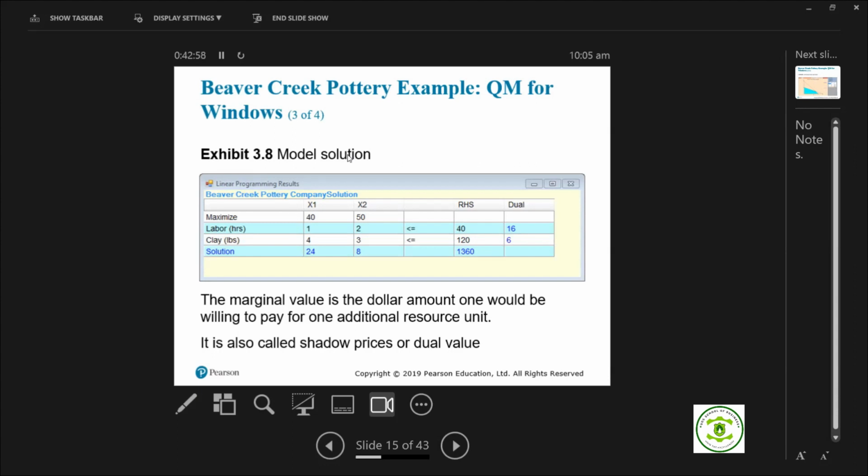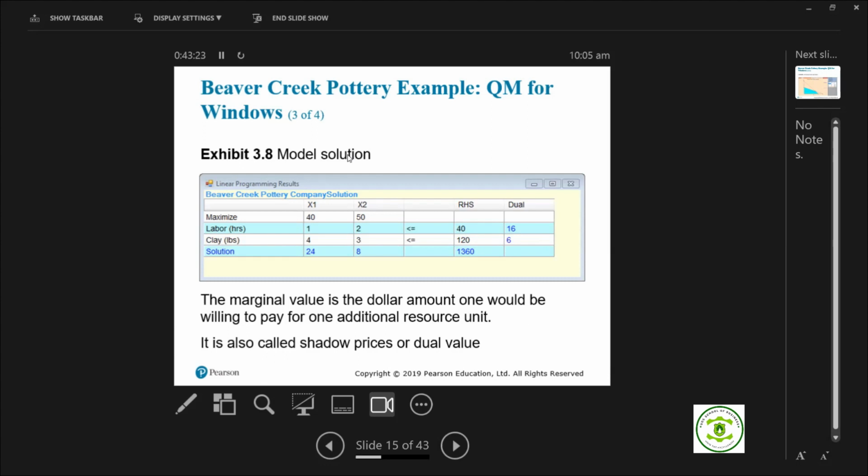So that's why we call it the marginal value. The marginal value or the shadow price tells us the impact that a unit addition of the resource will have on the objective function.